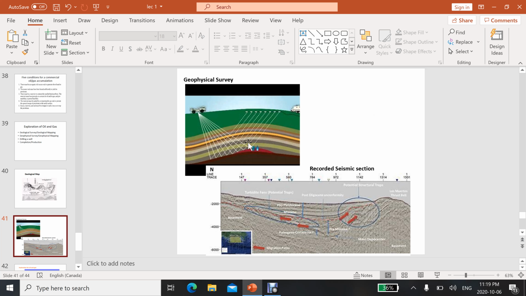In the second image, you can observe the recorded seismic section, and red arrows show the location of different layers that can be prospective for hydrocarbons. There are detailed interpretation steps that we will discuss in that particular subject. But for petroleum geology, you just have to take some idea of what a geophysical survey is and how it looks.